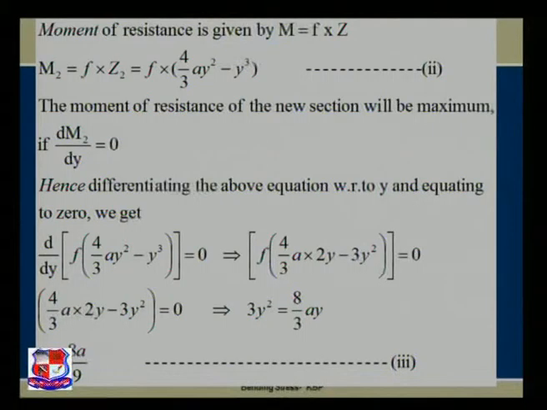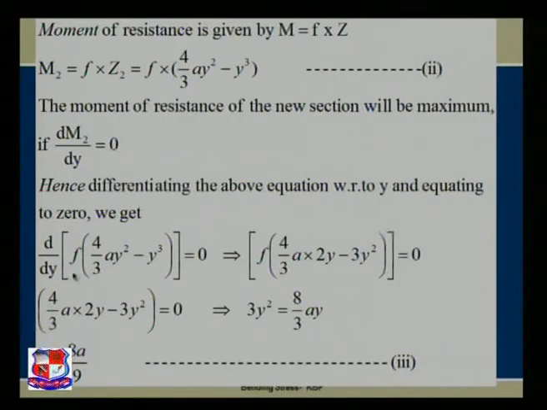Hence differentiating equation number 2 with respect to y and equating with 0, means d by dy of f bracket 4 by 3 ay square minus y cube, which is equated with 0.